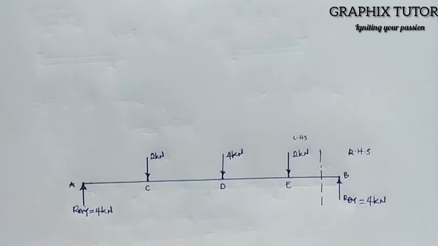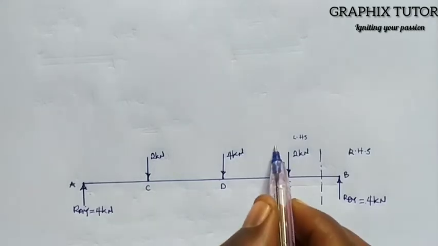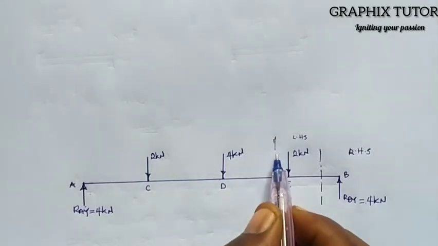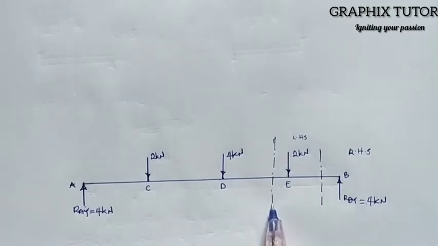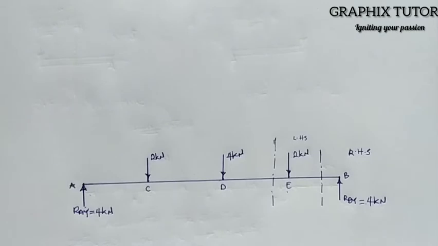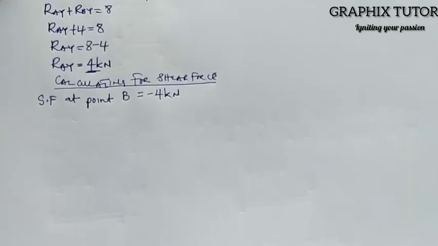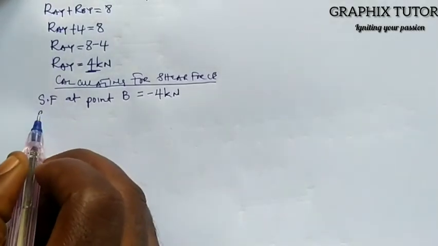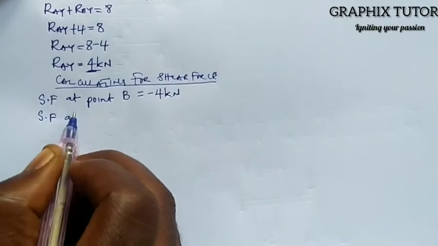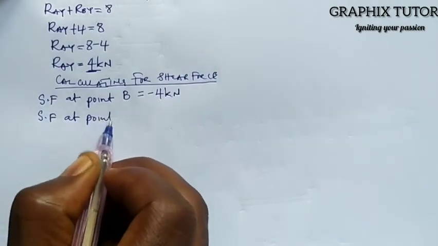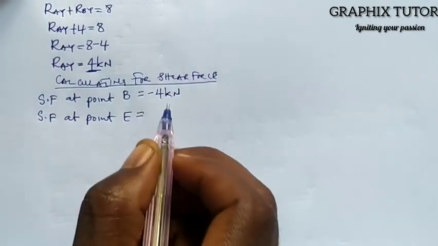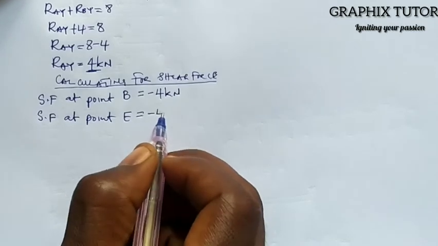So let's see for the next point also. Shear force at what? At E. So you just section very close to E. So at E, let's see what is happening. You focus on the last force. The last force you have, we're looking for shear force at point E. So the last force we have there was what? -4.